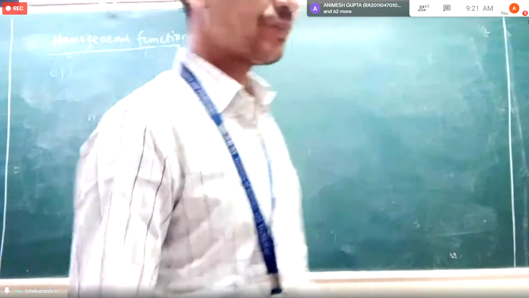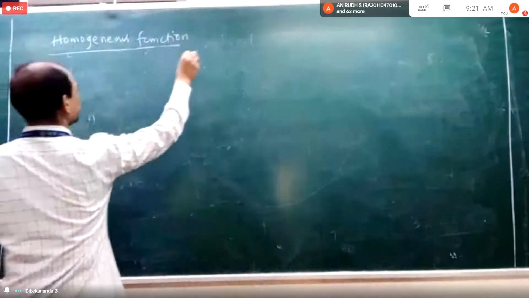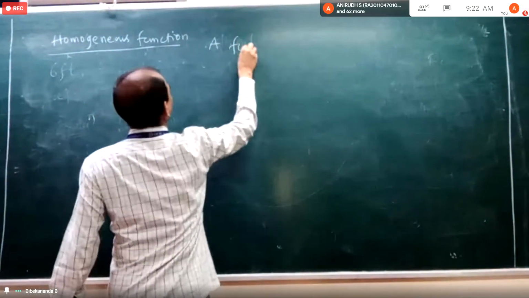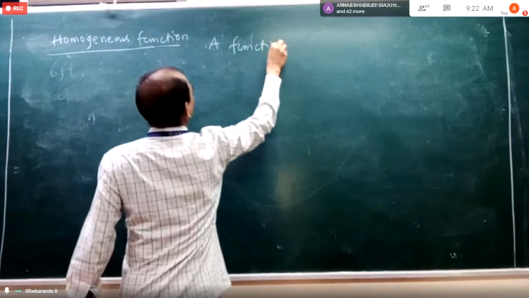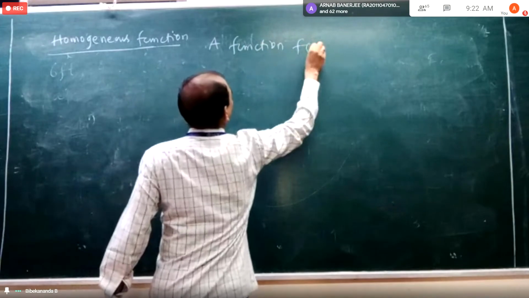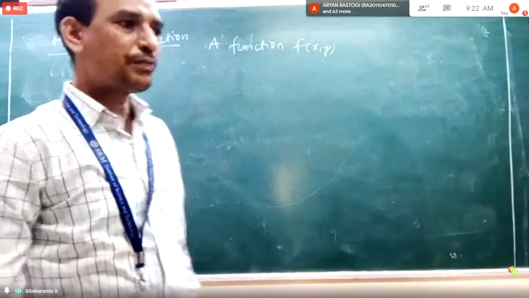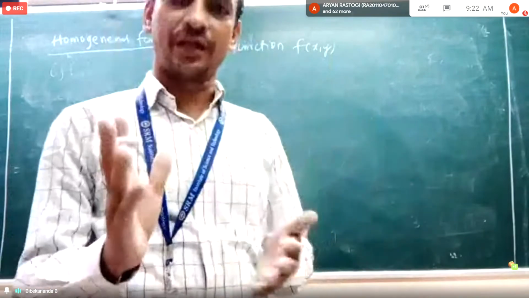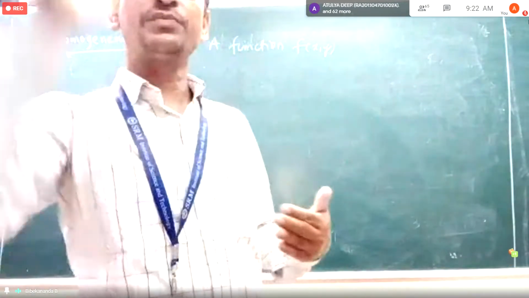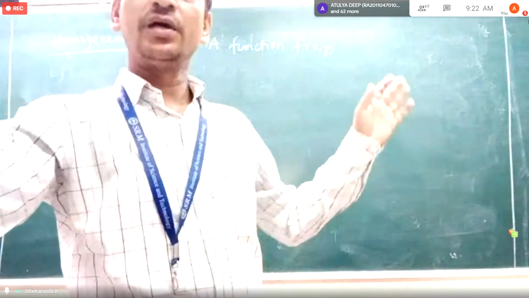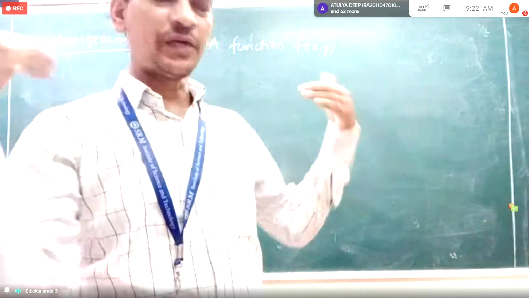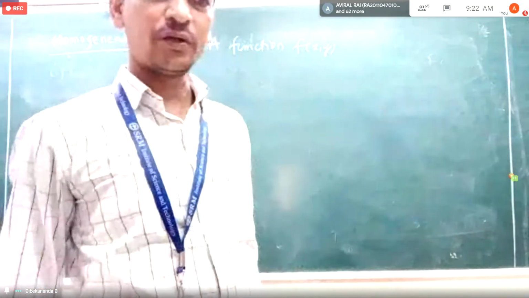A function f of x, y means I am talking about two variables. You can extend the concept to 3 variables, 4 variables, however many variables there are, no problem.